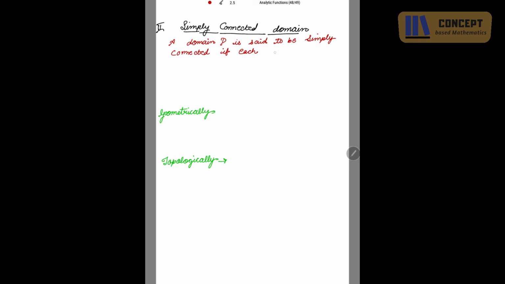So if each simple closed curve, your curve should be simple and closed, contained in D, contains only points of D inside.